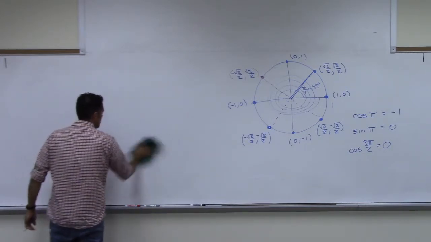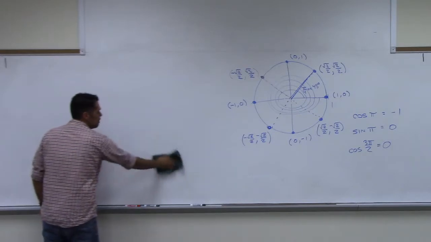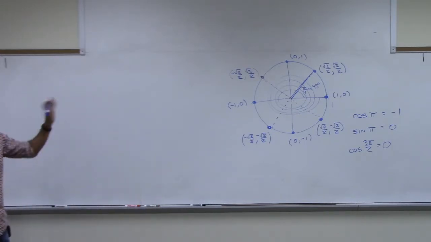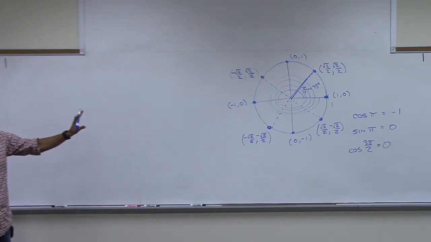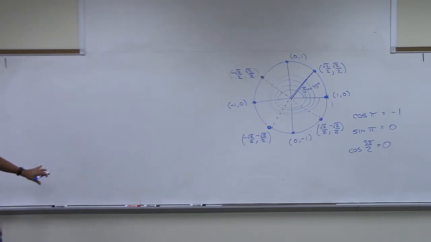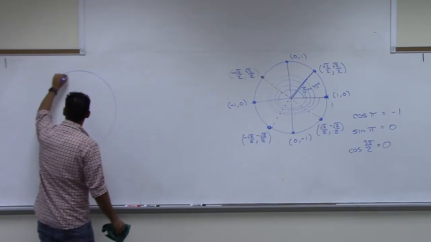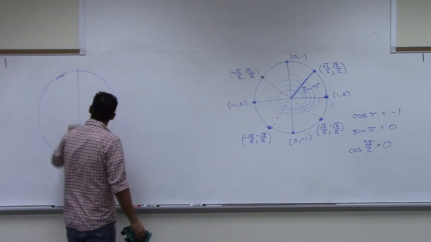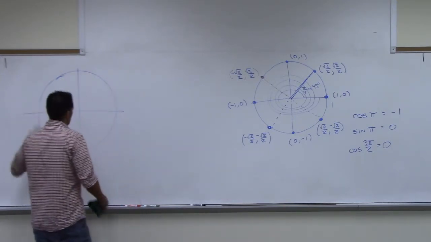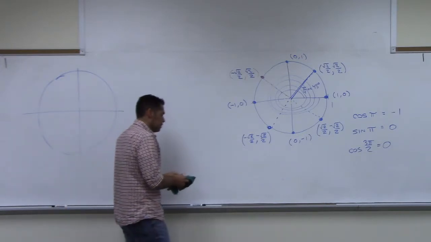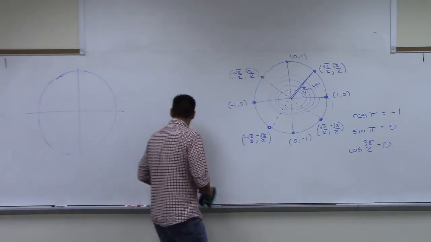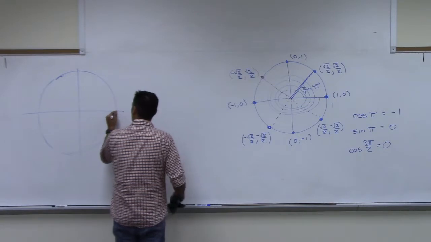All right. Let's do the next common group of angles. Now, it starts to get kind of cluttered, right? So I'm going to start with a new circle so that it's not cluttered up on there. And these are the last common angles we need to know. They are the 30-degree angles, which is the same as pi over 6, right?